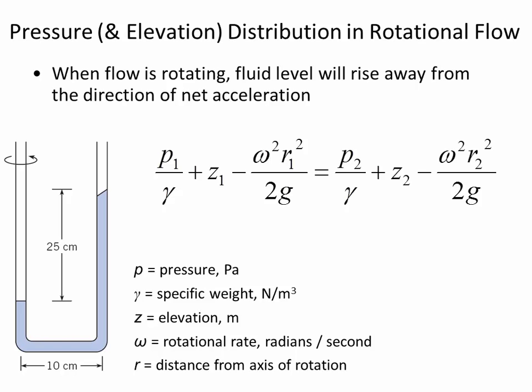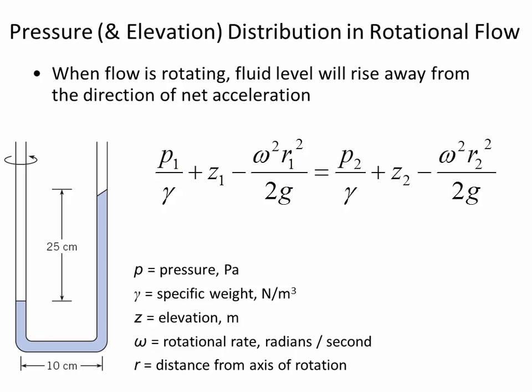And R1 and R2 are measurements of how far away at a certain spot you are from the axis of rotation. In this particular case, we're going to use this example to calculate what's going on with the dimensions that are identified here. Later on, when you learn Bernoulli's equation, you'll realize it looks really similar to this. But this is not Bernoulli's equation. Although it has two of the terms in common with Bernoulli's equation, it's not the same thing.